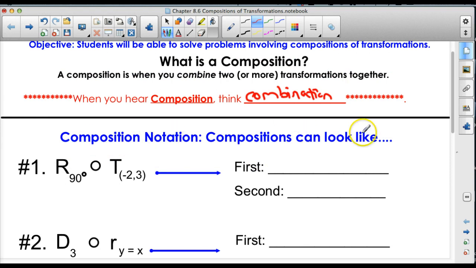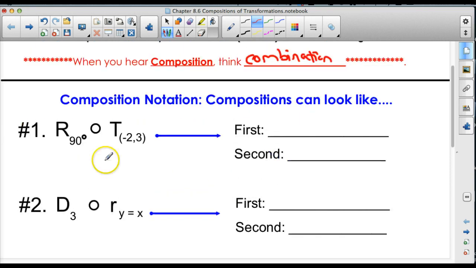So let's look at the notation, how it's going to be written. Composition notation can look like this. When you see this, that little circle just means composition. You know this is a translation, and this means rotation. Now you always go from right to left. It's not like reading a book where you go left to right. With compositions, you start all the way at the right and work your way back. So what are we going to do first?